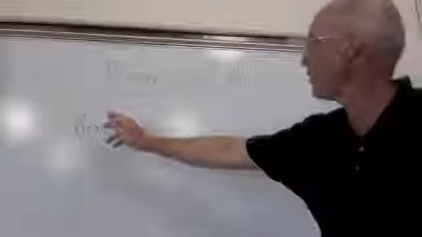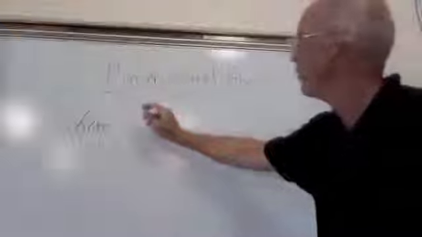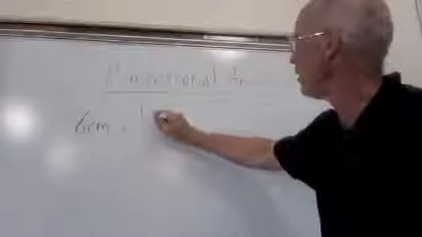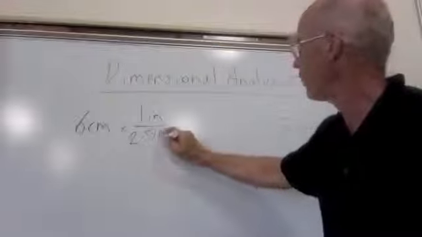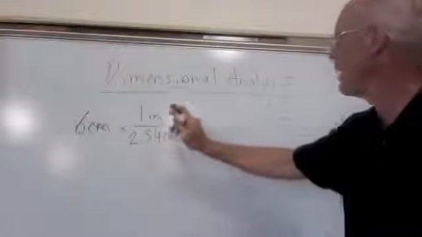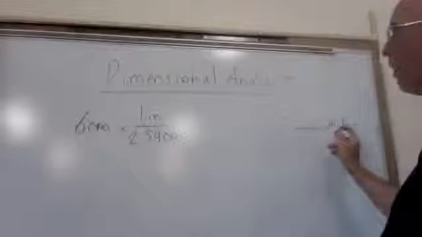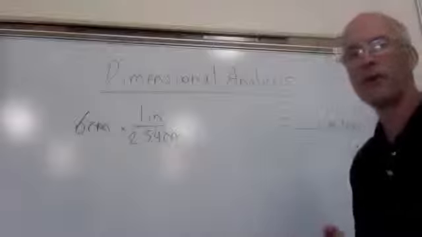Remember, I want centimeters, since it's on top here, I want it on bottom of my conversion. So I'm going to want 1 inch over 2.54 centimeters, because then centimeters cancel centimeters, and inches is closer to miles than centimeters is. At least it's in the right system now.